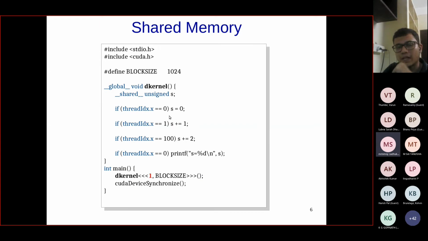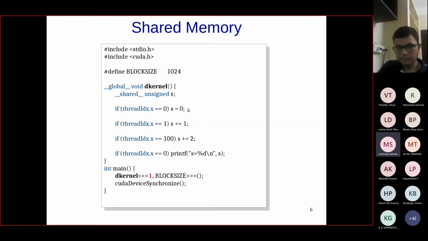I think that's correct. So let us understand how we can get the garbage here. As I said, threads which are not in the same warp can execute in any fashion. So in that case, the statement s equals 0, which will be executed by the thread with ID 0, and this statement which will be executed by the thread with ID 100 can execute in parallel, right?